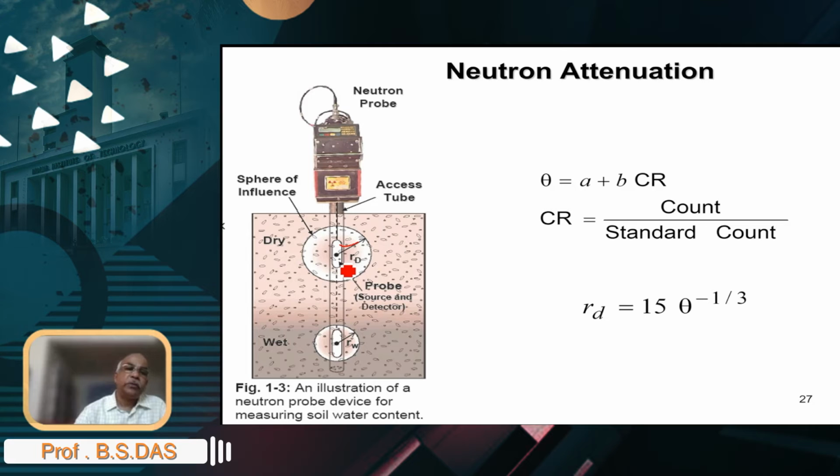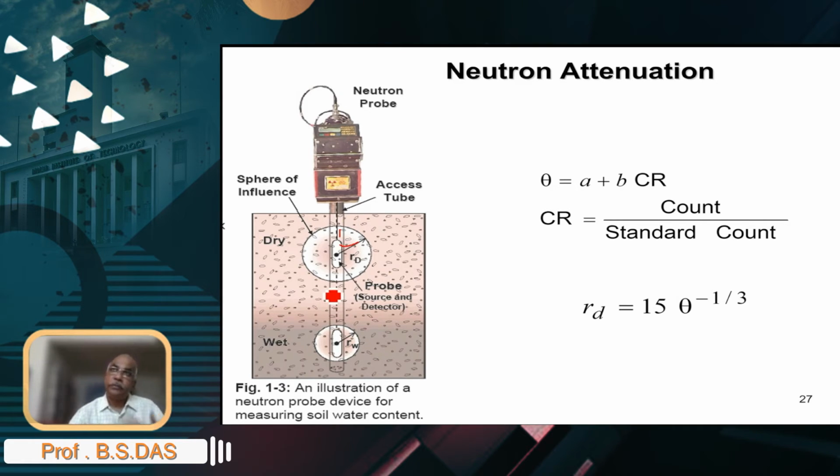It also has a detector, and that source and detector assembly has to be lowered into the soil. The way it is done is that in the field you put an aluminum access tube, basically an aluminum pipe, whose inner diameter should be slightly larger than the diameter of this neutron probe.